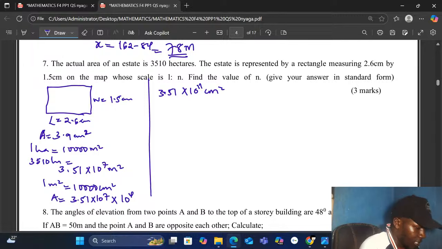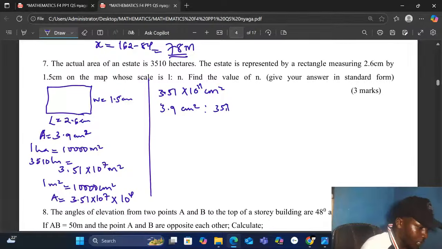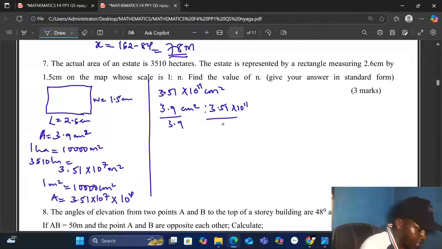Now we find the ratio. The ratio they're saying is 0.9 square centimeters to 3.51 times 10 power 11 square centimeters.